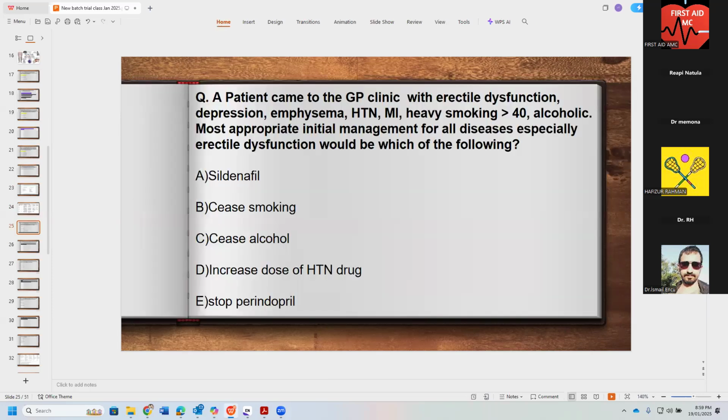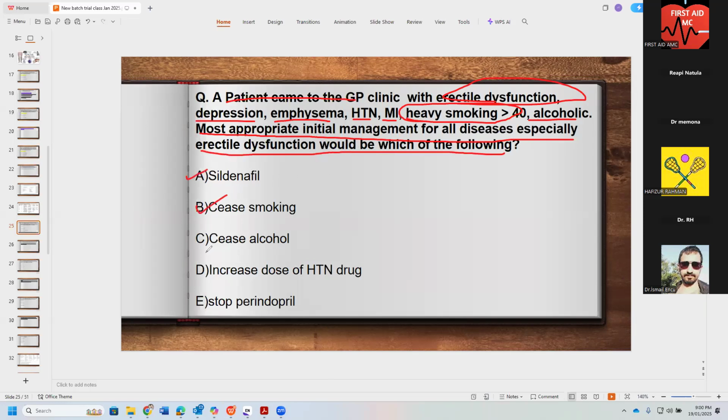All right. Next question. A patient came to a GP clinic with erectile dysfunction. He also has depression, emphysema, which is chronic obstructive pulmonary disease, hypertension, history of myocardial infarction, heavy smoking of more than 40 per day, and is an alcoholic. Most appropriate initial management for all the diseases, especially erectile function, would be which of the following?